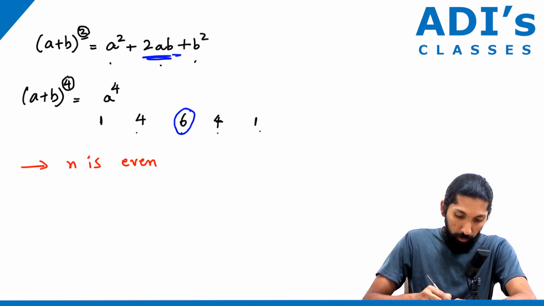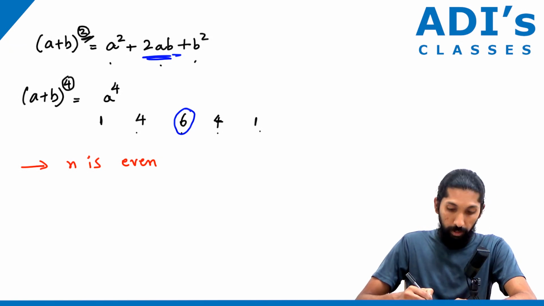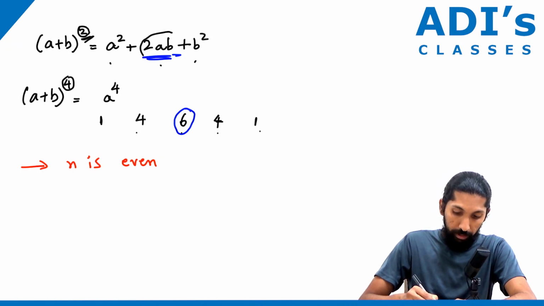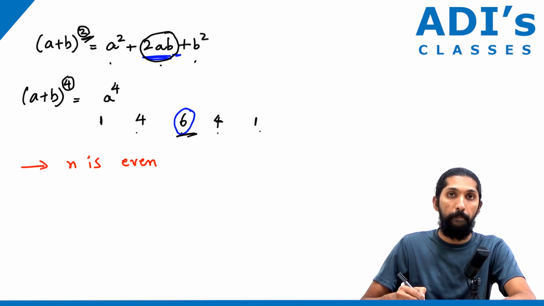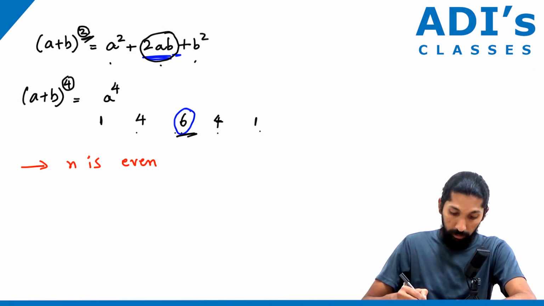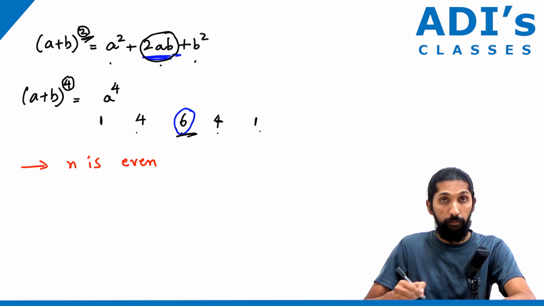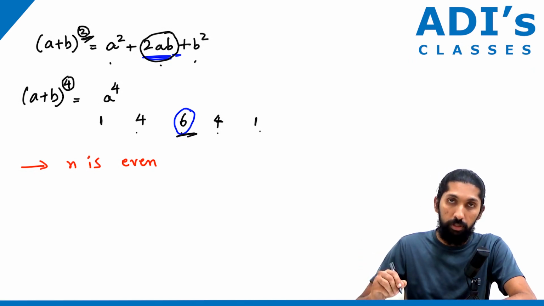Now, if n is 2, we got the second term, correct? When n is 4, we got the third term. Next is going to be the fourth term, so it keeps on changing.